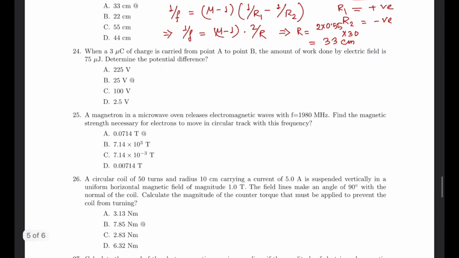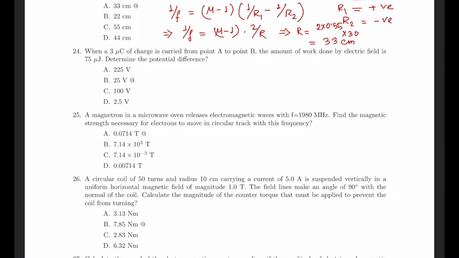The twenty-fourth problem says: when a 3 microcoulomb charge is carried from a point A to point B, the amount of work done by the electric field is 75 microjoule. Determine the potential difference.